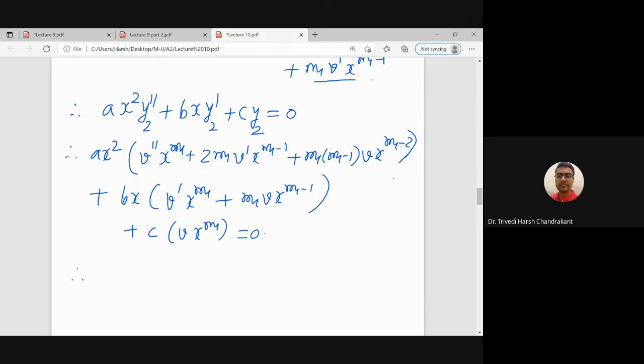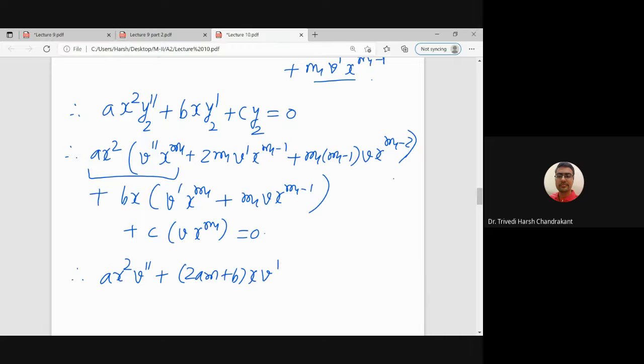Then we get ax square v double dash, because the v double dash term is this one, after cancelling x^m1, plus the second term, 2am1 plus b times x v dash.